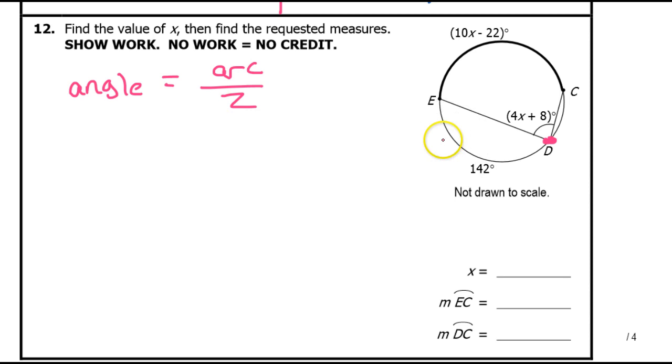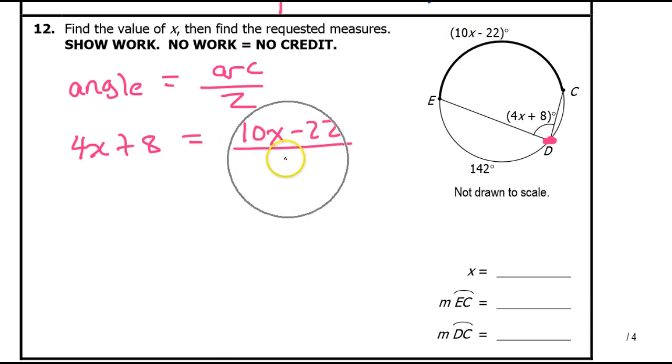That's like the formula that we have. So the angle is 4x plus 8. The arc is 10x minus 22. The angle is equal to the arc divided by 2.